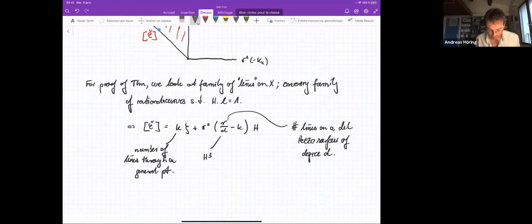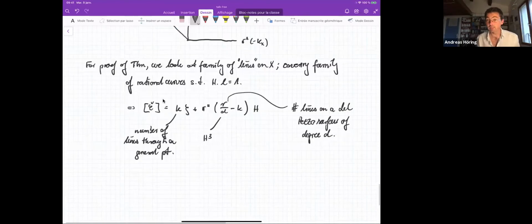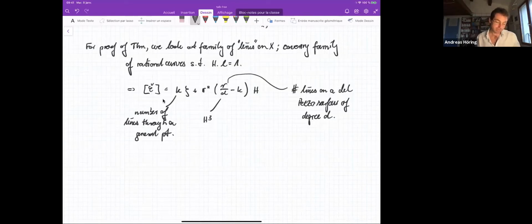As I said, the proof is based on what Clemens and Griffiths do, but still it's a bit technical. So instead of proving this formula, I will give a different example. I will tell you how you can use these kinds of constructions to compute something on surfaces. I will conclude with a more concrete example where I look at del Pezzo surfaces of degree 4.